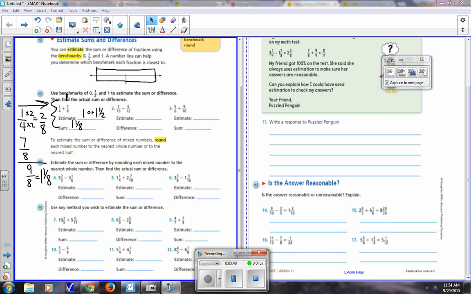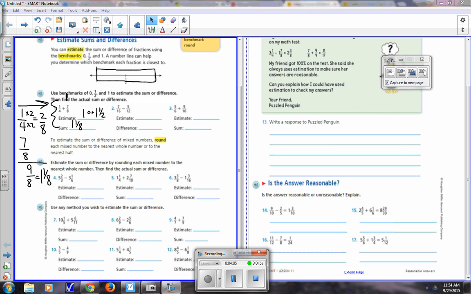You're taking 5/12 away from 7/16. Well, what do I know about 7/16? It's almost half, because 8/16 would be exactly half. And 5/12 is almost half. So I would be taking away almost half from almost half. So what do you think my estimate should be for that one?